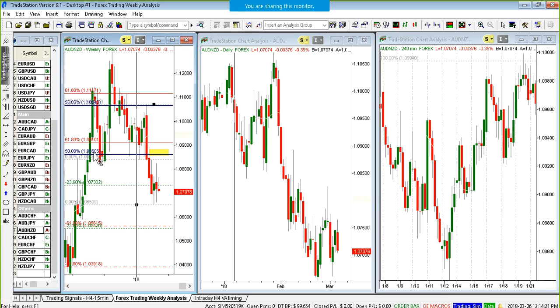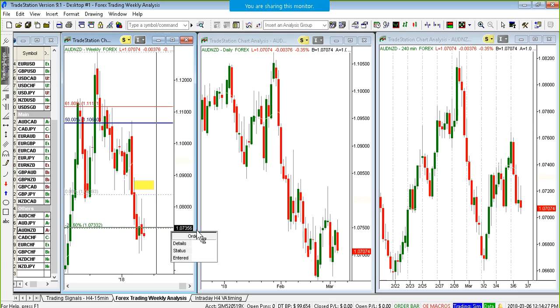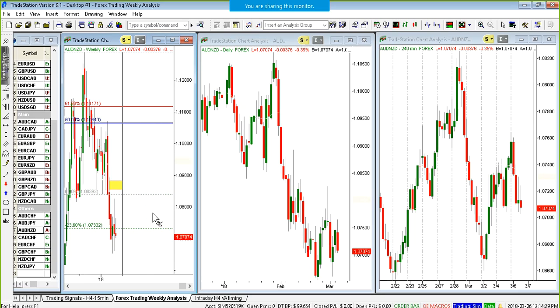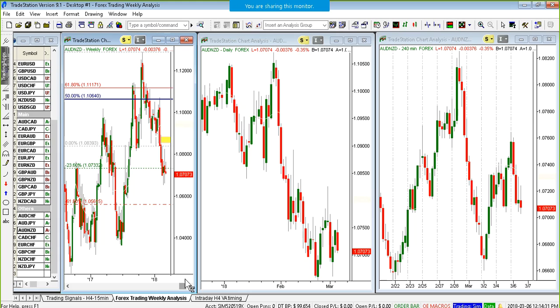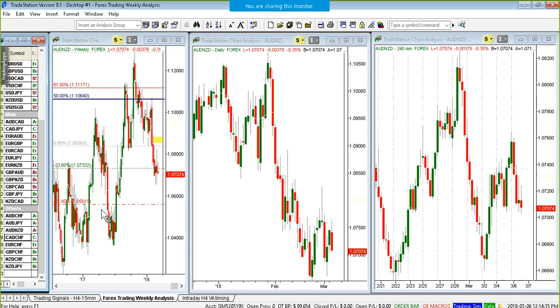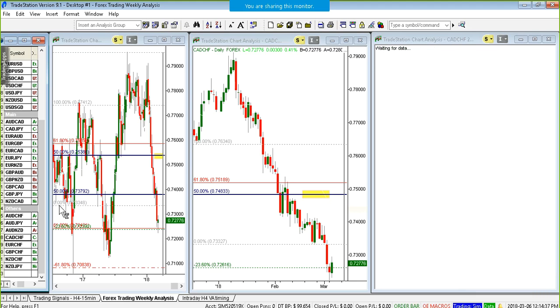The 108.60 has never traded, which means we're still in this move, and the second target is below. At this point, it's not impossible to see this market continue that move lower into the 105.60 area.